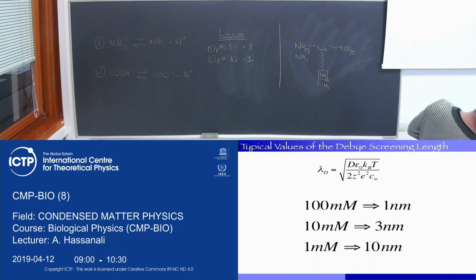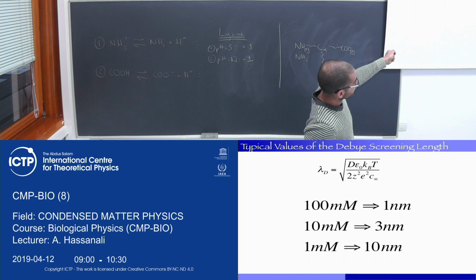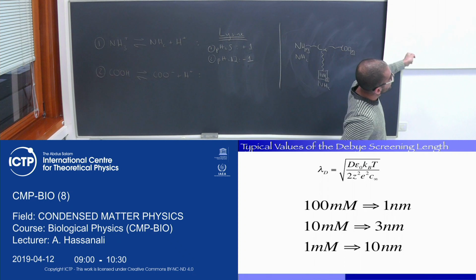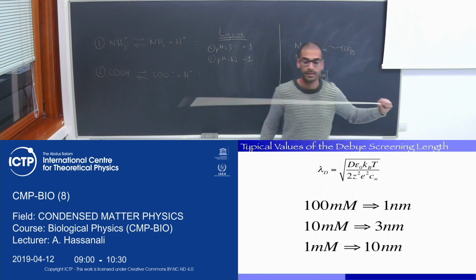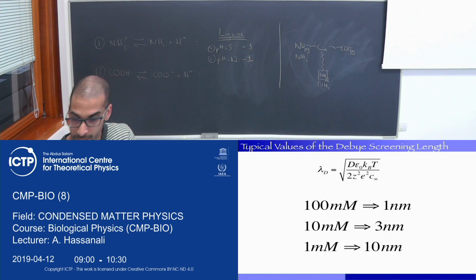So I just put this here so you can get a sense of the numbers. As you go from high concentration to low concentration, the Debye screening length changes from about 1 nanometer all the way to 10 nanometers. Okay, so it's significant.